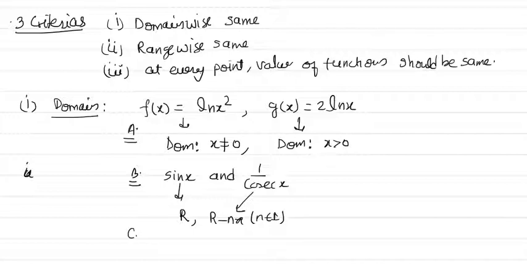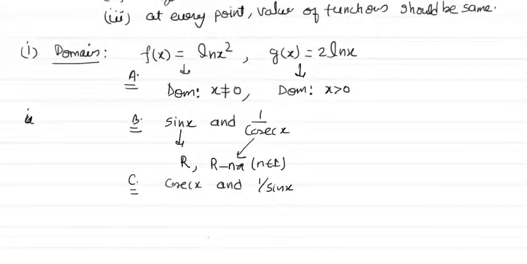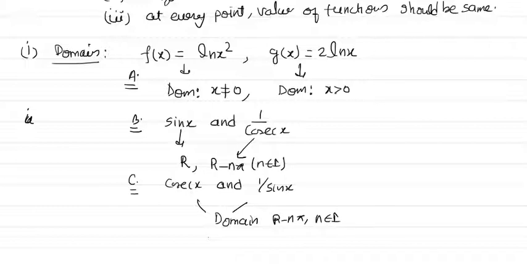But if you think of cosec x and 1 by sin x, both have the same domain, r minus n pi, because sin x is in the denominator, so it cannot be 0.